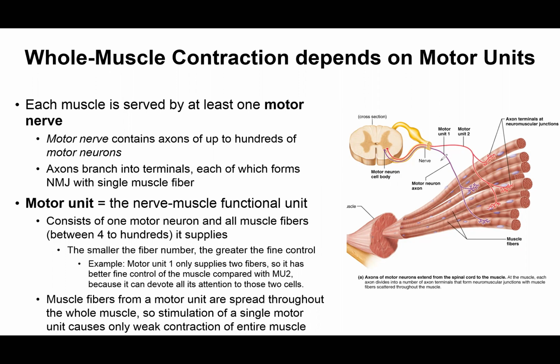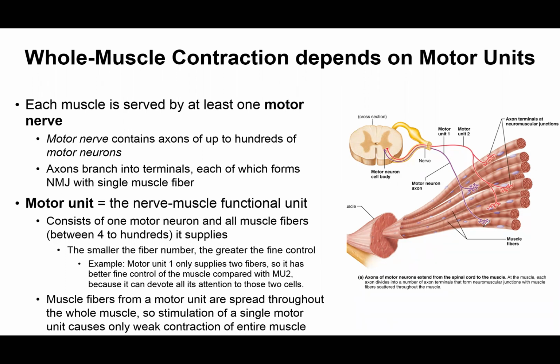Since motor unit 1 is only stimulating 2 fibers, it's going to provide a smoother and better fine control, like being able to lightly hold your pencil, compared to motor unit 2, which has to divvy up amongst 3 fibers. It's going to cause 3 fibers to contract.